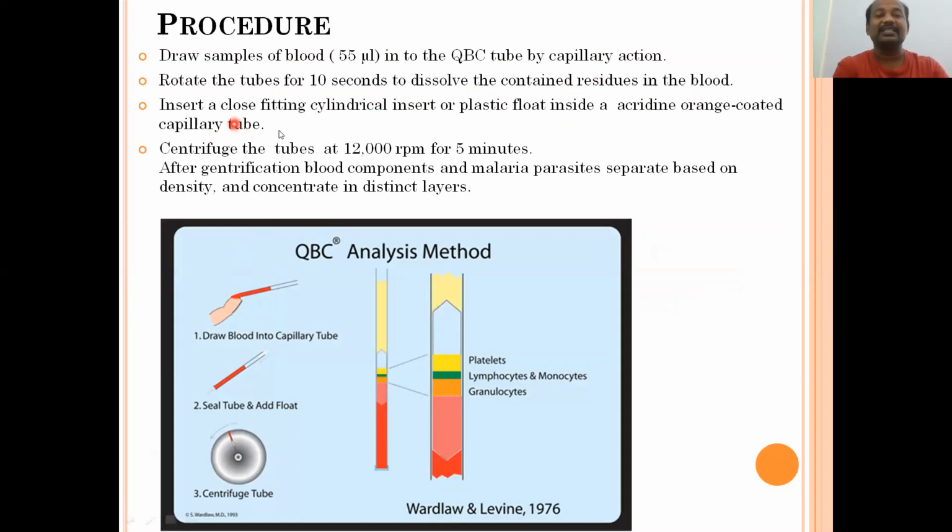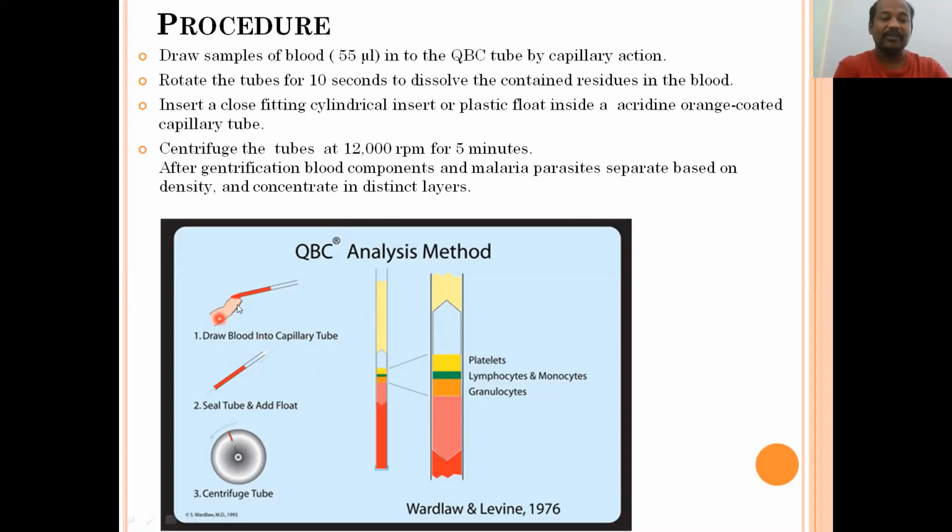Then insert the cylindrical insert, the plastic float, inside the acridine orange coated capillary tube. Then we centrifuge at 12,000 revolutions per minute for 5 minutes. After centrifugation, we can observe under the fluorescence microscope.